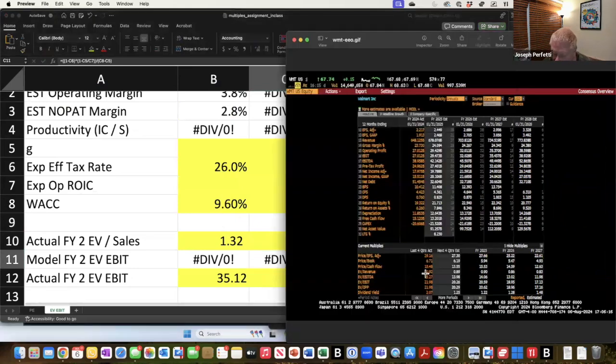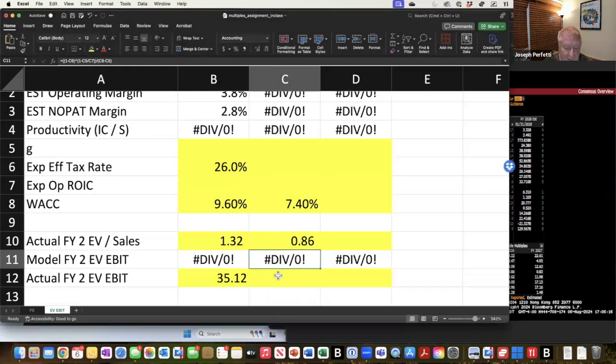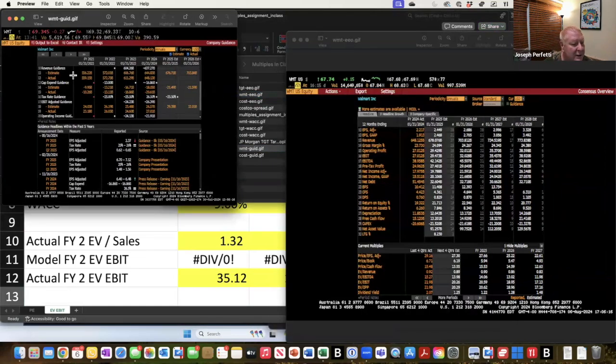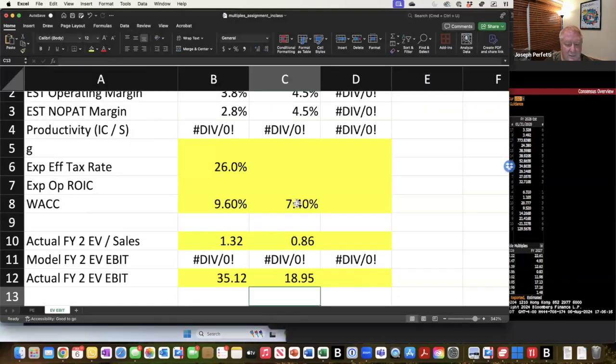Their EV to EBIT today, for the second forward year, is 18.95. And we'll quickly do their tax rate from Walmart's guidance, which was 25.5 in the out years. 25.5.